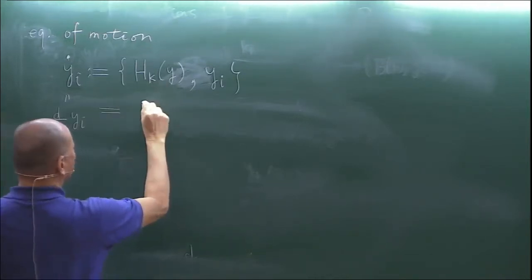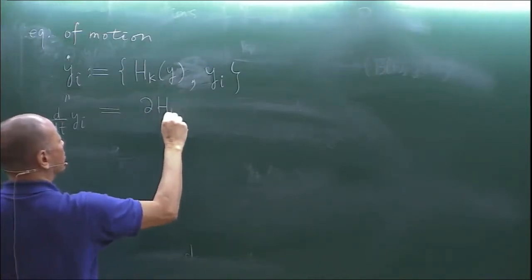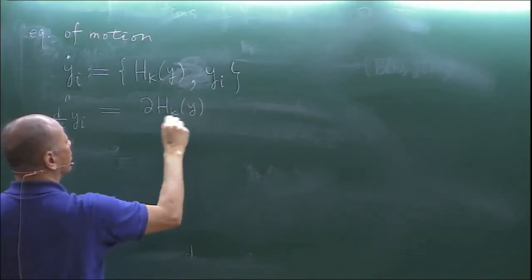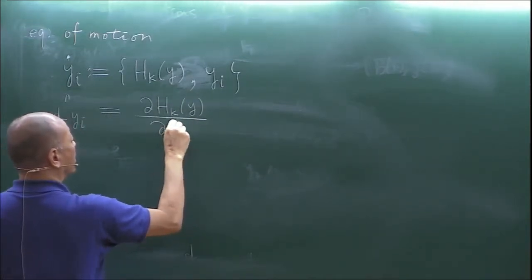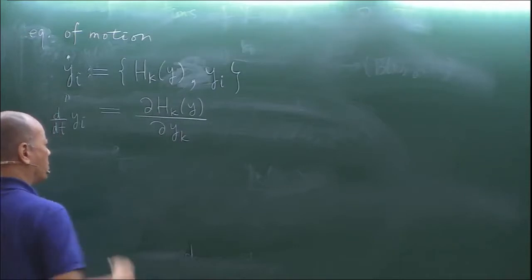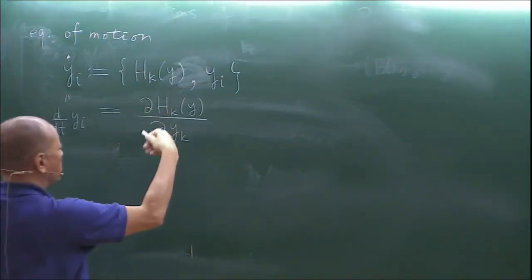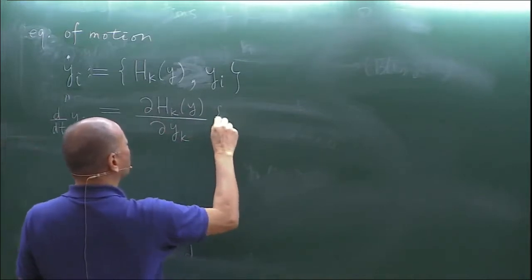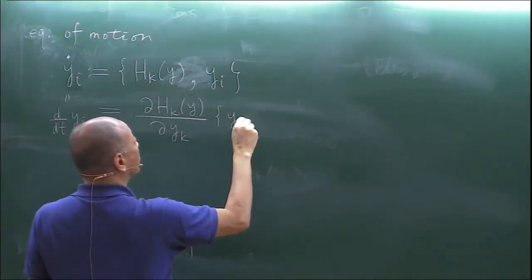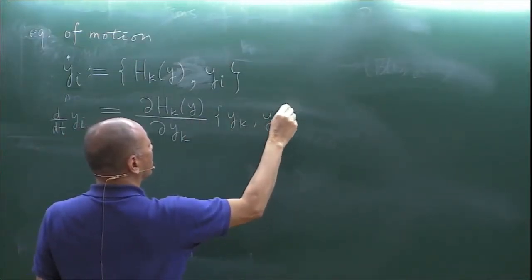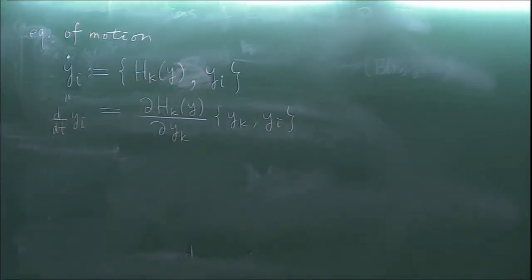But this one actually only depends on one variable, so this is the ordinary derivative, but I write this symbol to show that this is the chain rule part. This comes from the derivation property of the Hamiltonian Poisson bracket.